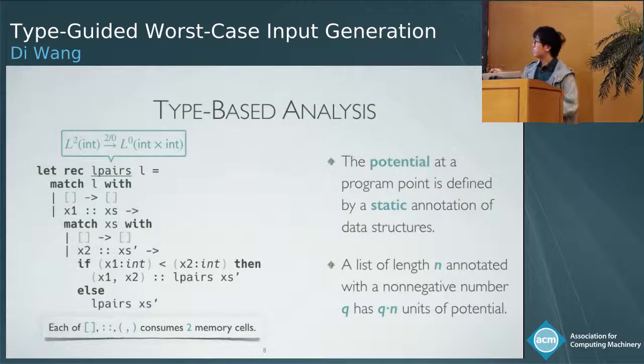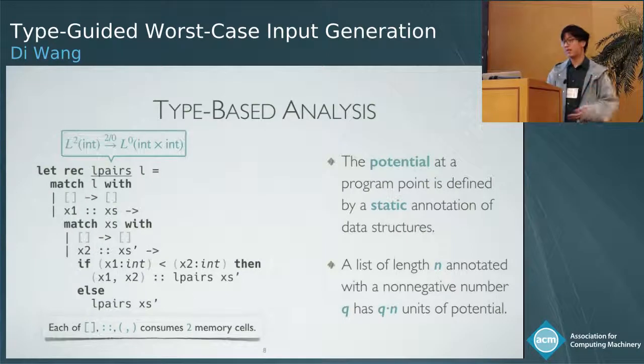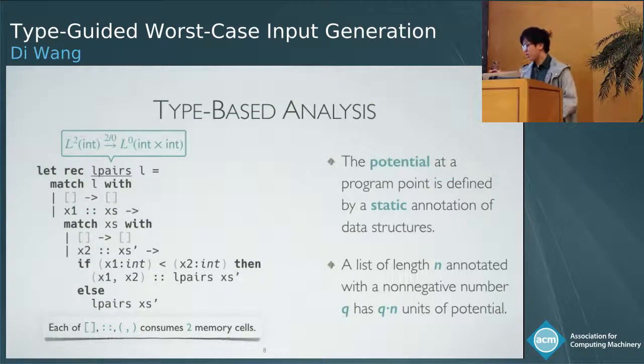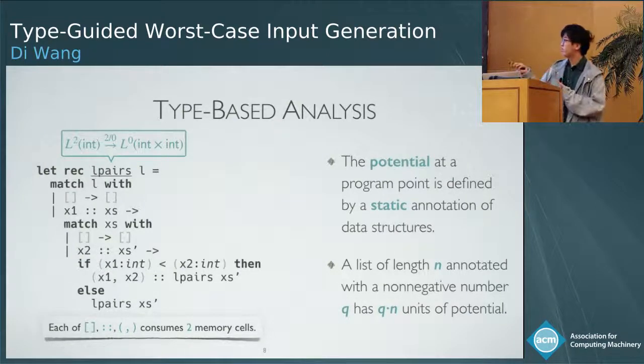Similarly for the result type, except that the annotation is 0, which means that the result value cannot carry any potential. You might already notice that there are 2 extra numbers on the arrow, which are 2 and 0. These 2 numbers represent constant potential before and after a call to this function. So if you want to call the function L pairs, you have to provide 2 extra units of potential.